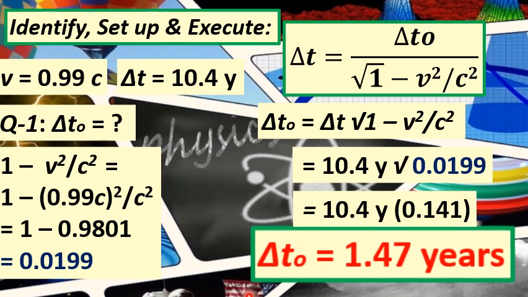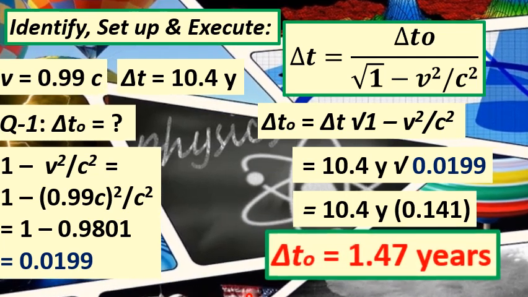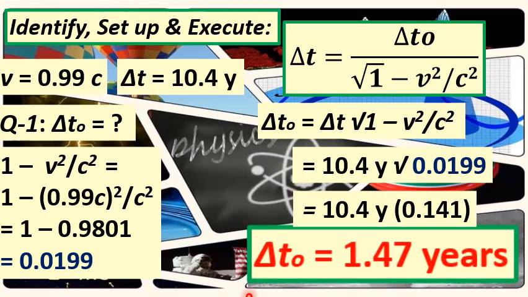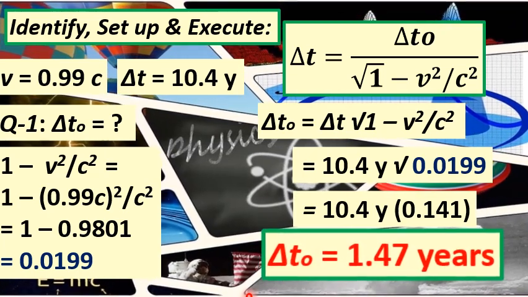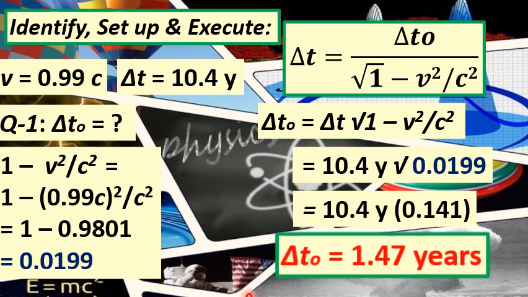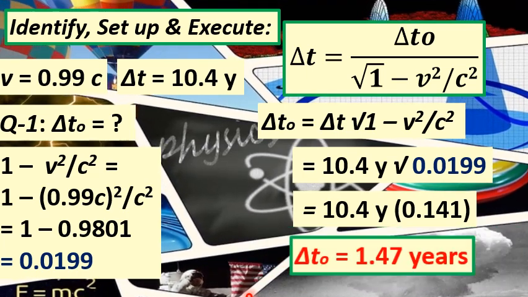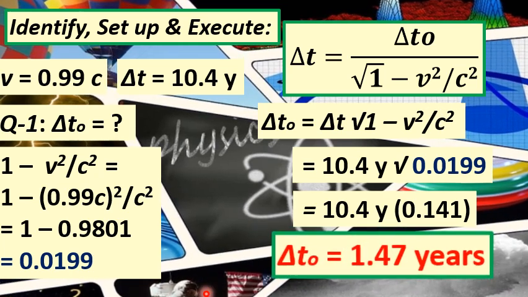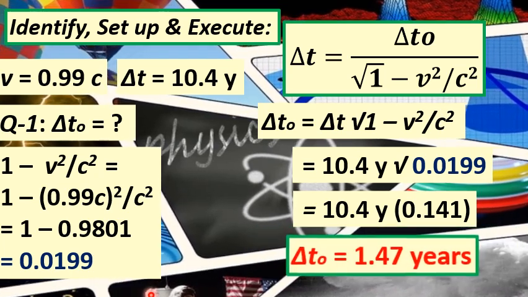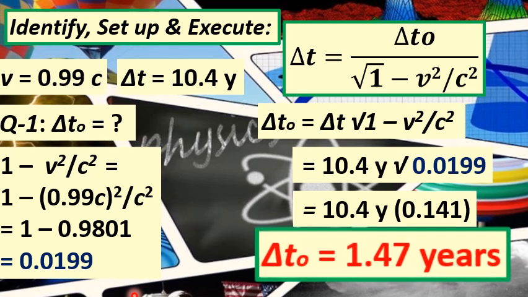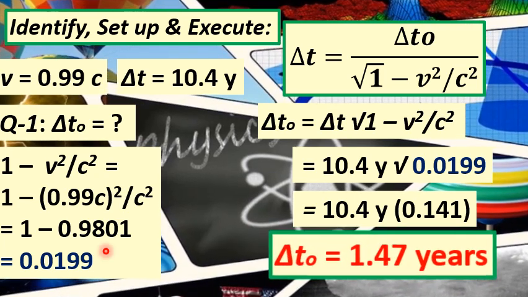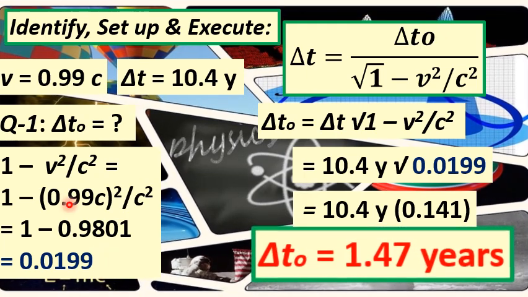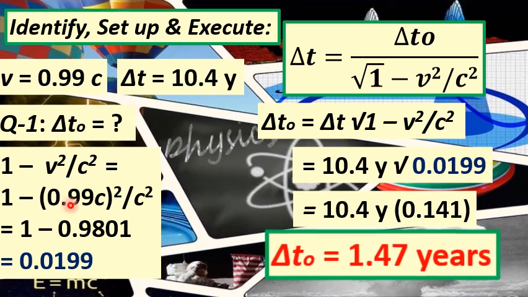1.47 years. Again, we stress that this is the time of travel to the star Procyon as observed by the space traveler. And as expected, this is a lot less than delta t of 10.4 years. 10.4 years is what is observed here on Earth.